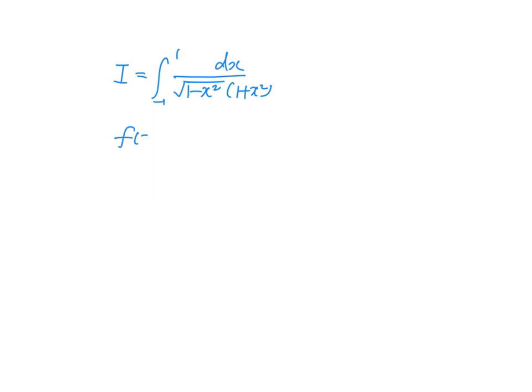In this case, fc is 1/2 1 plus c square tz. Looks extremely complicated, isn't it? Right. So let's consider a simple function.